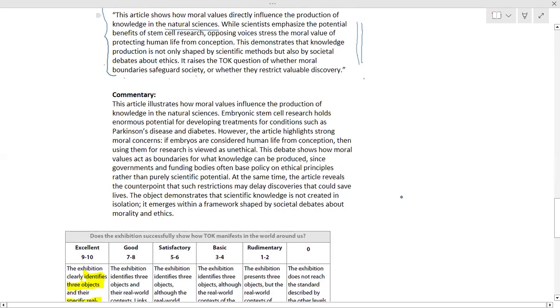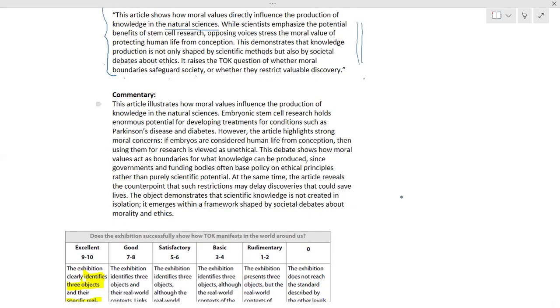And then you can polish this draft and write your commentary a little more, give a little more depth to it, and at the same time, use your TOK vocabulary and TOK knowledge to make it more impactful.